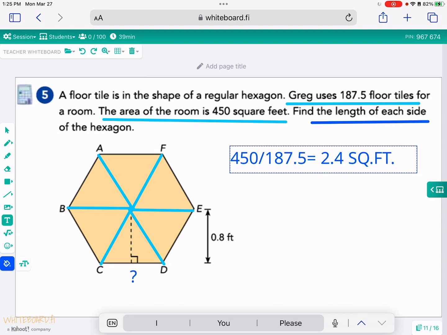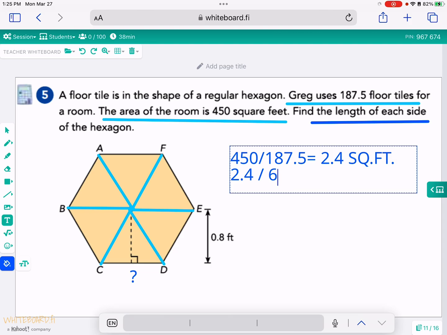So each of these hexagonal tiles is 2 4/10 square feet. And I know that there are 6 triangles within that 2 4/10 square feet. So to find the area of each triangle, all I have to do is divide 2 4/10 by 6, because there are 6 of these regular triangles within the regular hexagon, okay?